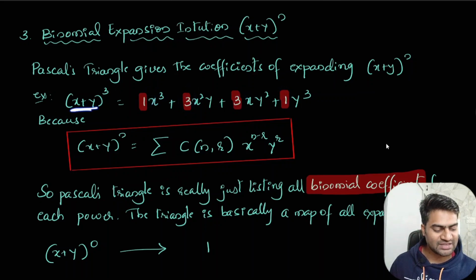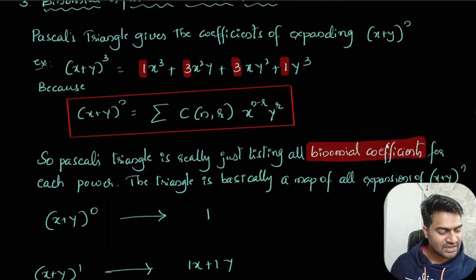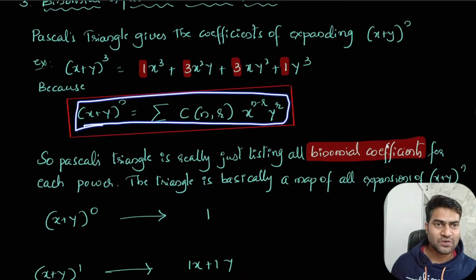Now (x plus y) to the power 3 is 1x cube, 3x square y, 3xy square and 1y cube. Correct, right? The coefficients of this expanded equation are 1, 3, 3, 1, and that is because of this particular formula.